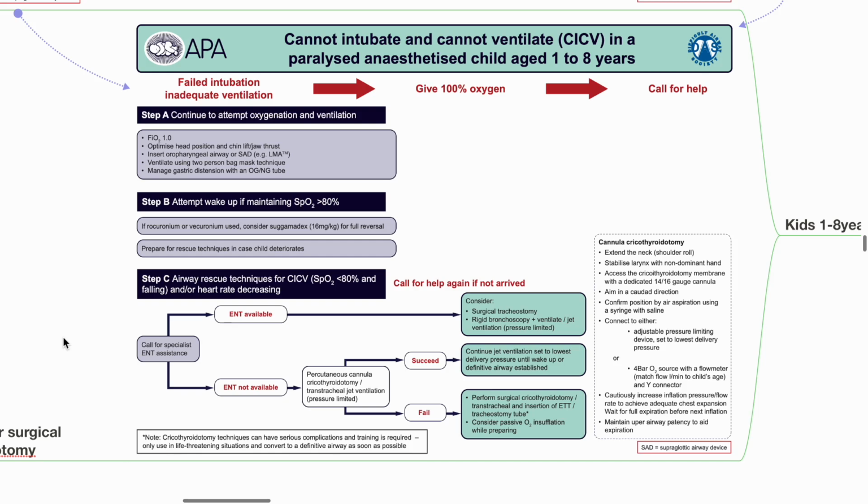Steps for cannula cricothyroidotomy: extend the neck with shoulder roll, stabilize larynx with non-dominant hand, access the cricothyroid membrane with a dedicated 14 or 16 gauge cannula, aim in caudal direction, confirm position by air aspiration using a syringe with saline, connect to either adjustable pressure limiting device set to lowest delivery pressure, or 4-bar oxygen source with flow meter and Y connector, match the flow in liters per minute to the child's age.